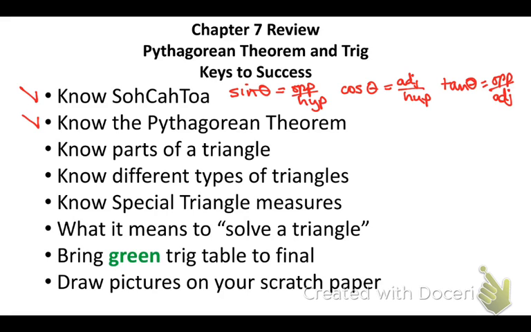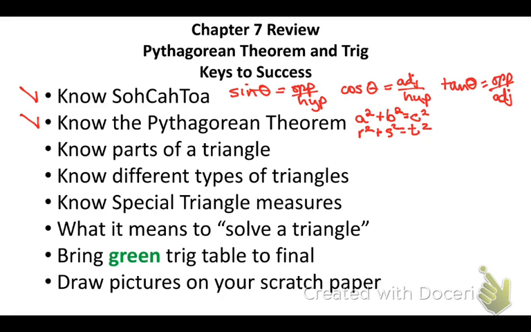Also know the Pythagorean theorem. We know it formally as a squared plus b squared equals c squared, but please also remember that these can be any different letters. This could be r squared plus s squared equals t squared, or any other letter.